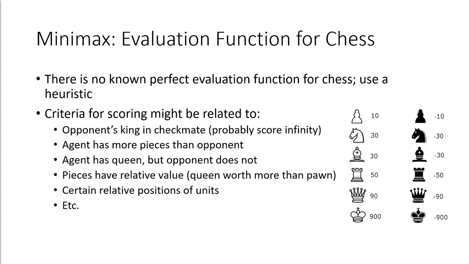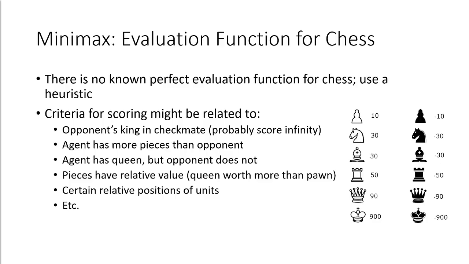So some of the criteria you might have are: is the opponent's king in checkmate? That is the normal winning condition, and so you certainly want to make sure that your scoring captures that if it's a terminal state, and so then probably you'd want your score to be infinity, favoring either one side or the other. So positive and negative infinity.